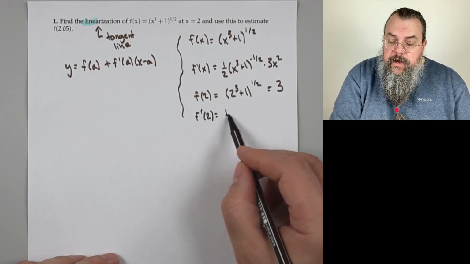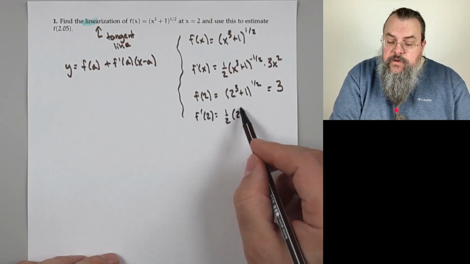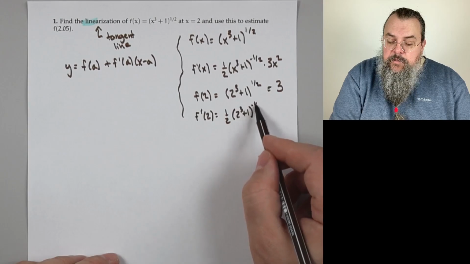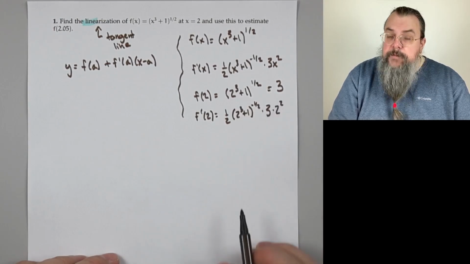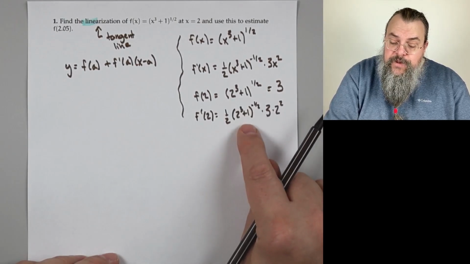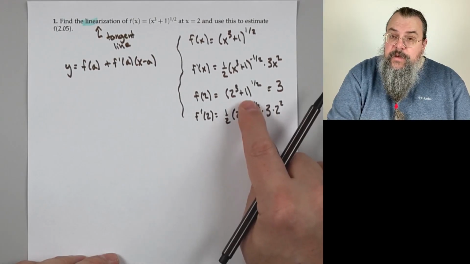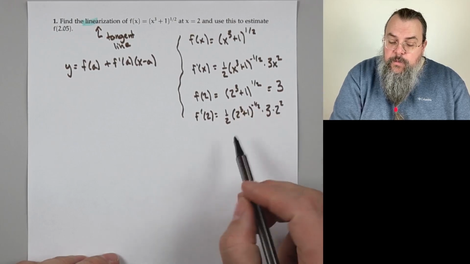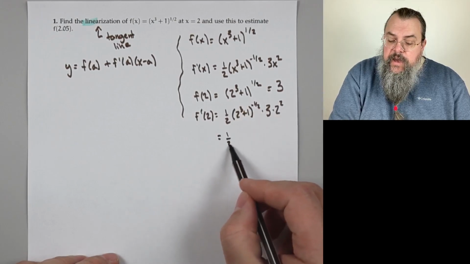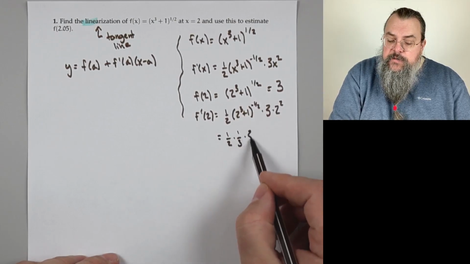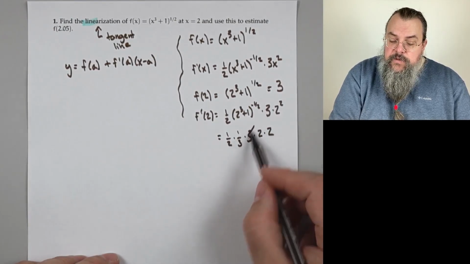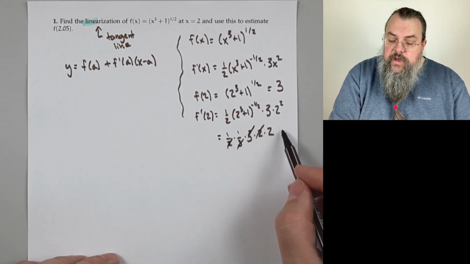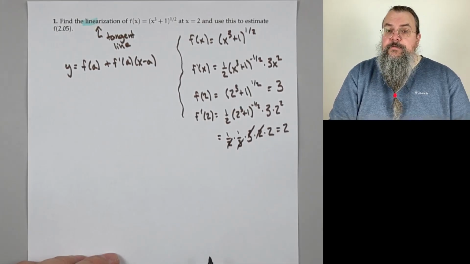Well, that's 1/2 times 2 cubed plus 1 to the minus a half times 3 times 2 squared. Now, 2 cubed plus 1 to the minus a half, it's the same thing here, except that the minus means it's really a 1/3. So really it's a half times a third times 3, and of course 2 squared means there's 2 2's. And we see that there's a 3 cancel, there's a 2 cancel, so we're left with a 2.